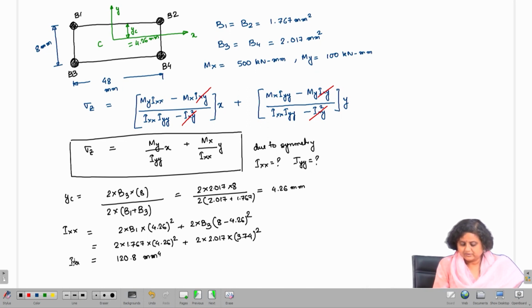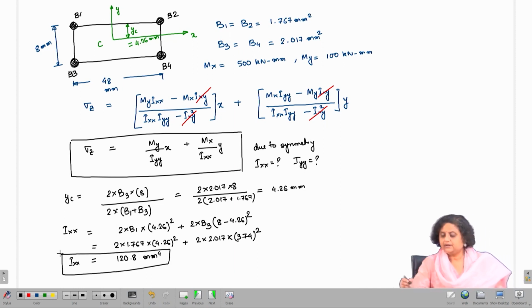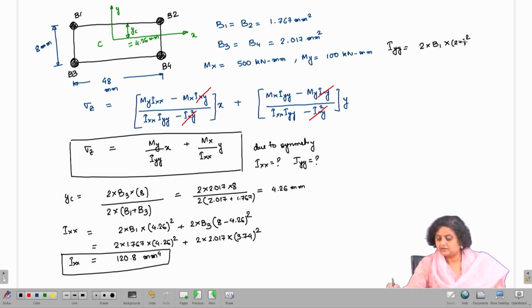So, this is going to be the Ixx. Now, similarly, Iyy can be found out as 2 into B1 into 24 square plus 2 into B3 into 24 square. So, it is going to be 2 into 1.767.